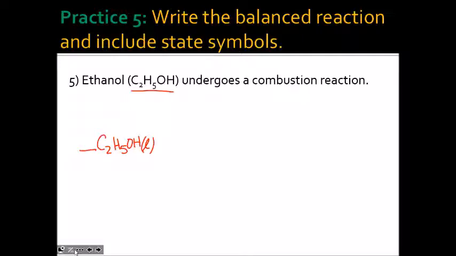Now, this is the other hard part. This is a combustion reaction, so we always have a certain reactant when it's combustion. What's the other reactant here? What will cause it to burn? What do you need to get a fire, flame, explosion going? What's the other component?